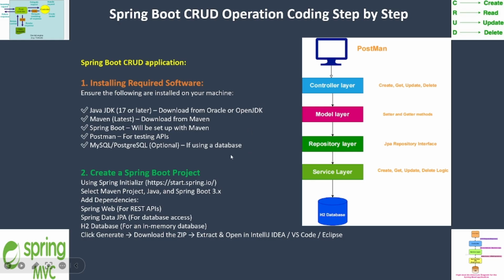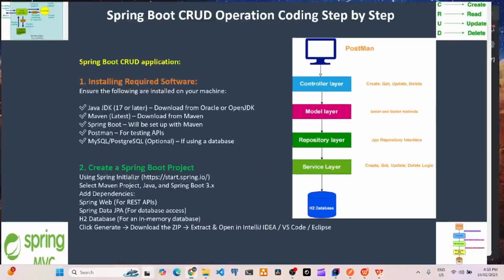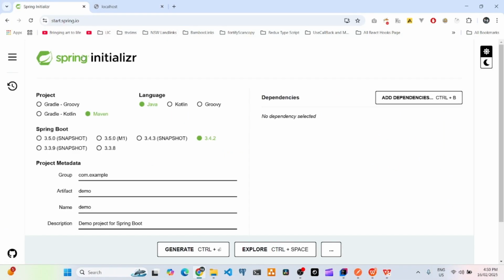So let me go to this Spring Initializr first, and then I will come back to this one. In the Spring Initializr, once you hit that link that I showed you just now, we get the project and language. Project options are Gradle Groovy, Gradle Kotlin, as well as Maven. I selected Maven, so I'm going to work on a Maven project.